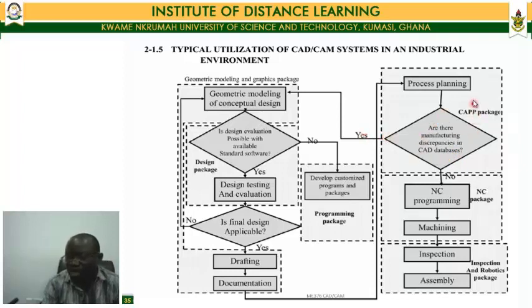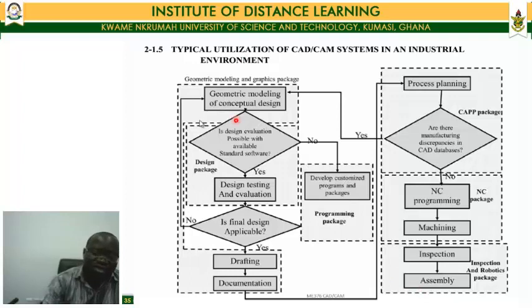If there are discrepancies, they will go back and check the model, and then the cycle repeats. But if there are no discrepancies, then straight away we look at our NC programming with the help of some of the NC packages, go into machining, inspection, assembly, and then we are ready to package the product.